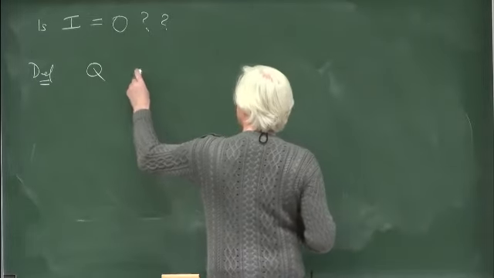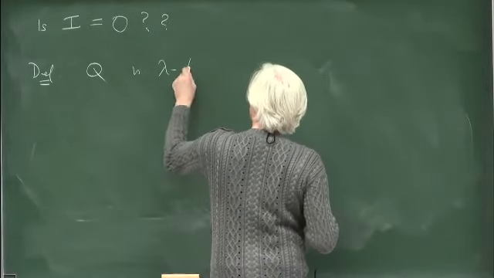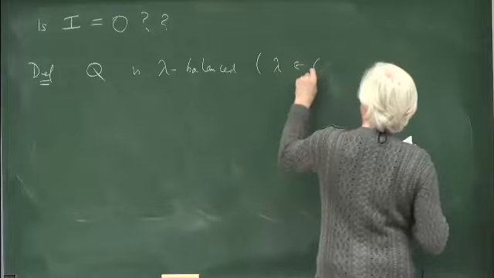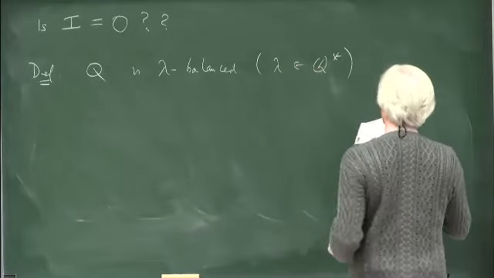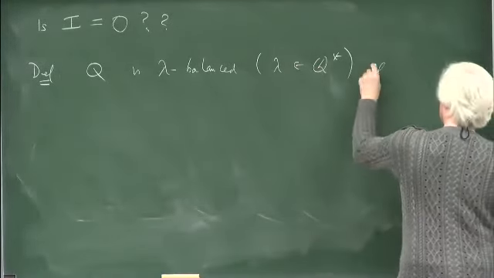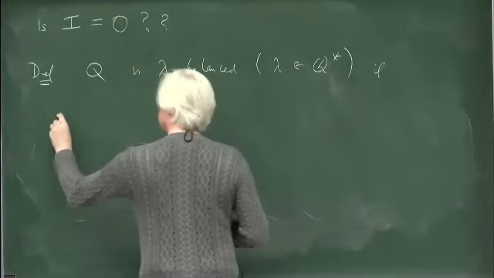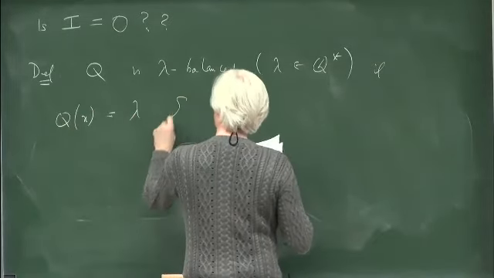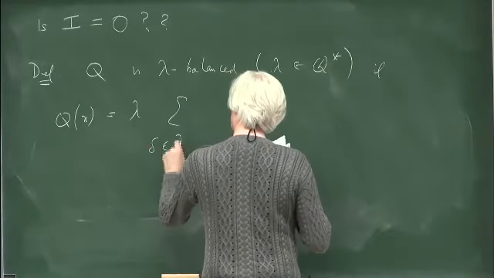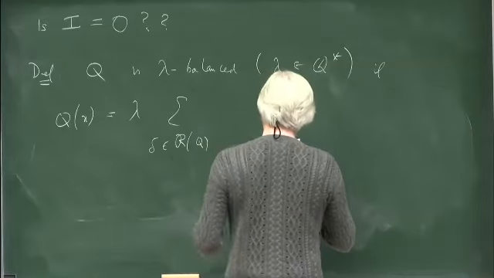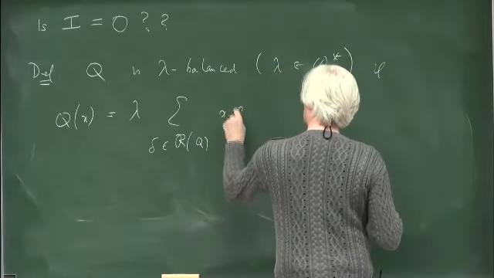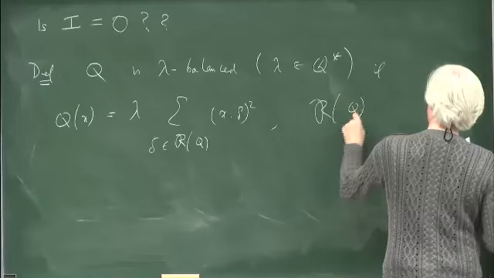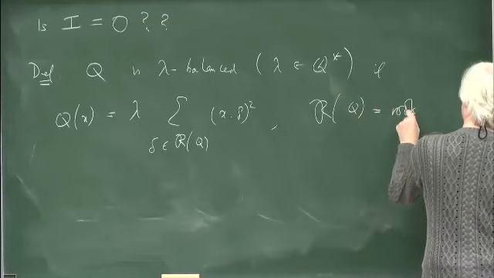Q is lambda balanced, where lambda is some scalar, if essentially Q of x is lambda times the sum over all roots delta of Q of (x dot delta) squared.